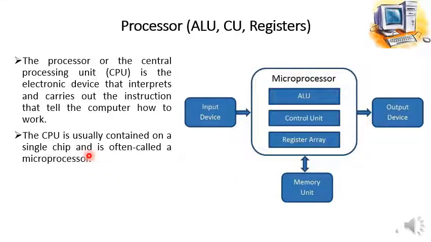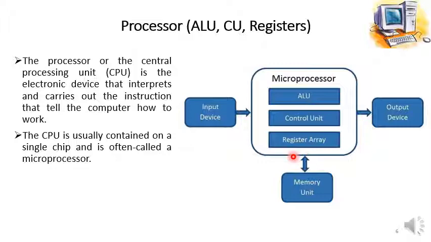The CPU is usually contained on a single chip and is often called a microprocessor. As I told you, a single chip is called microprocessor, and that single chip actually combines ALU, control unit and registers.